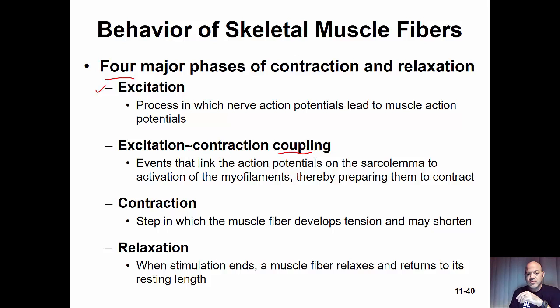So that coupling refers to connecting the two processes, the excitation to the actual contraction. So that's another phase. And then we're going to go through the actual step of contraction. How does the muscle actually shorten and produce a force? And then relaxation. When stimulation ends in the muscle fiber, how does the muscle fiber go about relaxing?